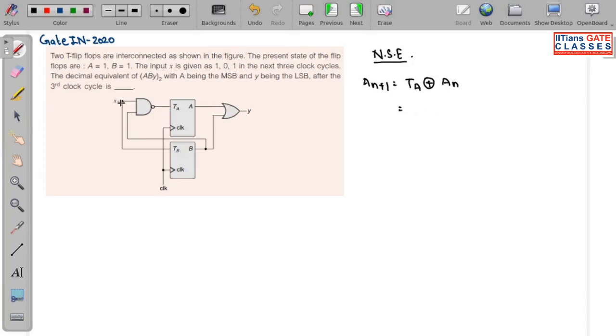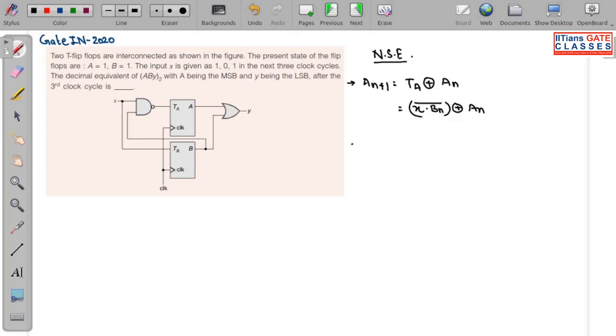TA is X NAND Bn, this is a NAND actually. TA, you can see this is my TA. So TA is NAND of X and B. That is what I have written.